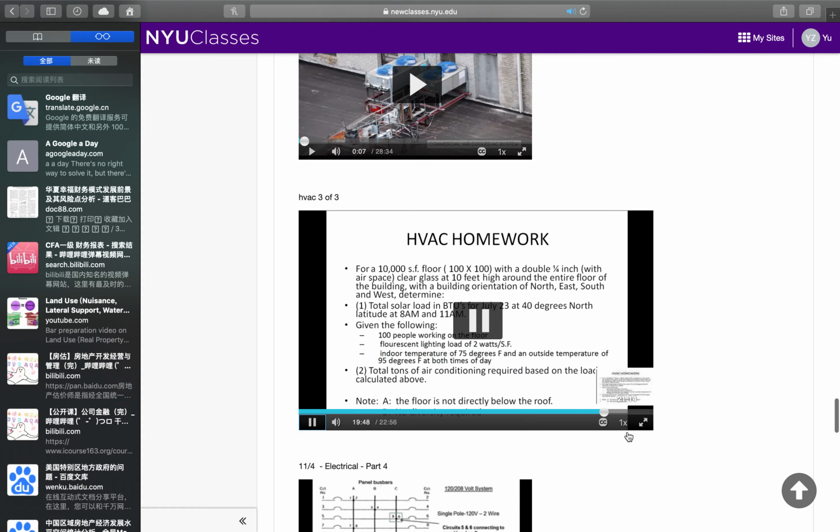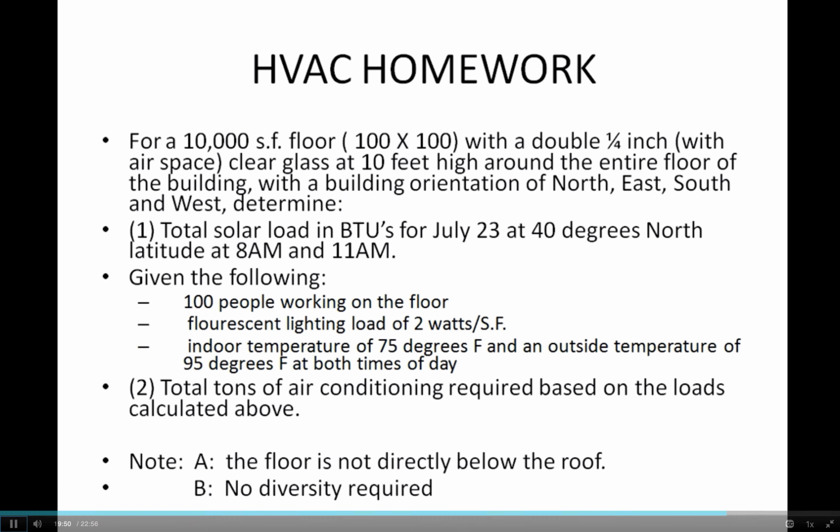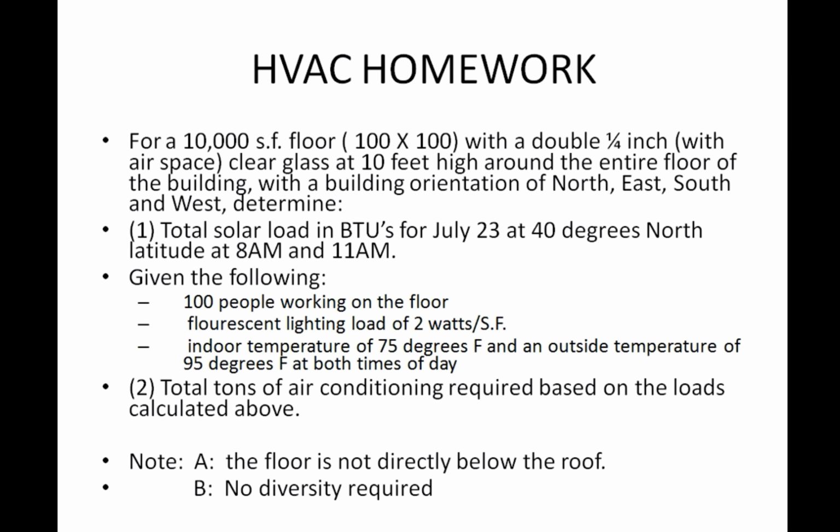In this particular case, you have a 10,000 square foot floor, basically a square, 100 foot on each side. It uses double quarter-inch glass with airspace, clear glass, at 10-foot heights around the entire perimeter of the floor. And it's oriented so that the entrance is on the north, so you have a north, east, south, and west face.